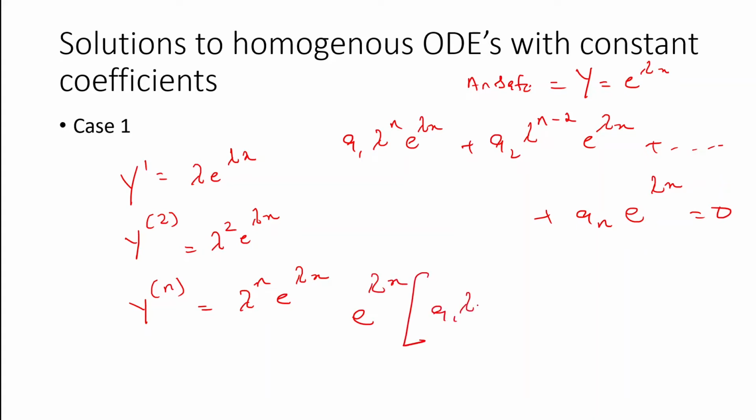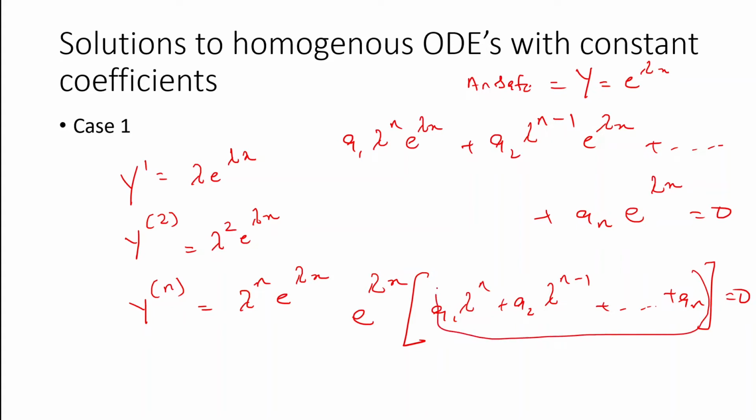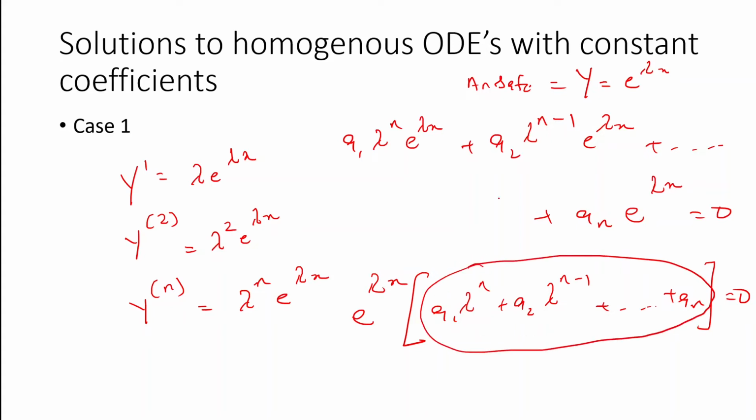You get a1 lambda to the power n, a2 lambda to the power n minus 1, all the way up till an is equal to 0. So this is a very significant equation. This equation is called the auxiliary equation or the characteristic equation.